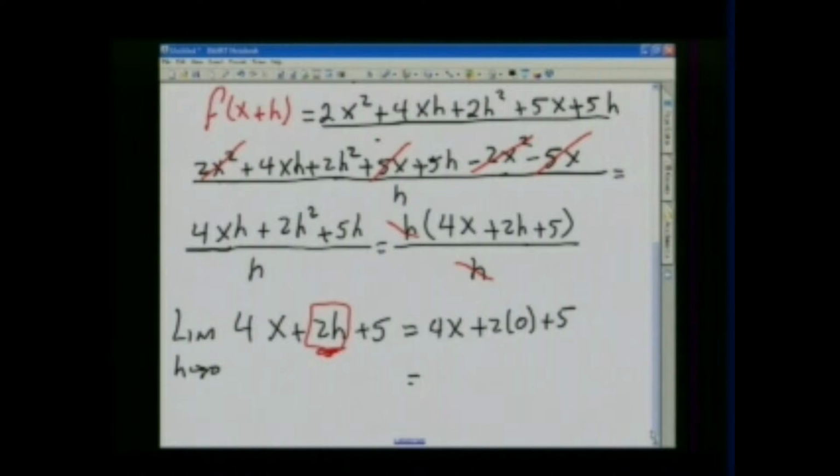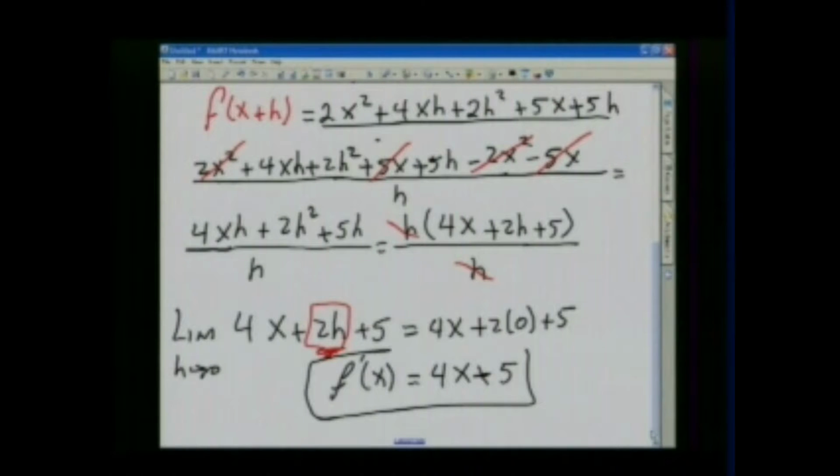Therefore, 4x plus 5. This is the slope of a tangent line or derivative of the function. These are the 4 steps that we take to get to the slope of a tangent line or derivative of a function. Either way, it would be the same story.